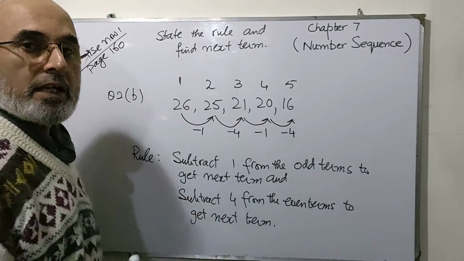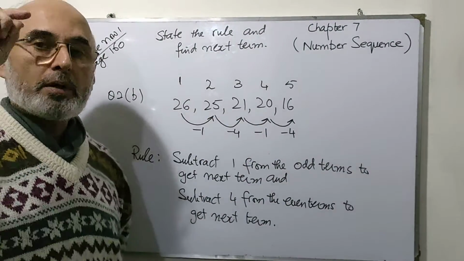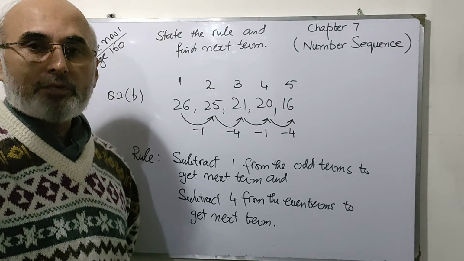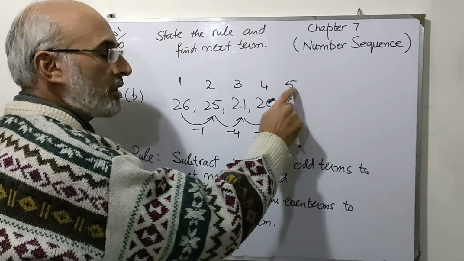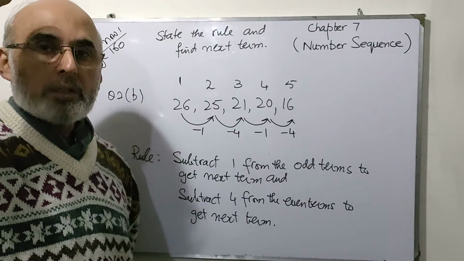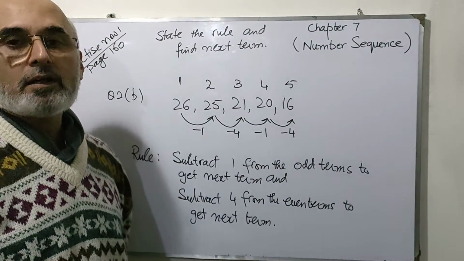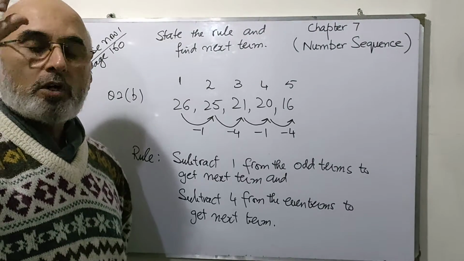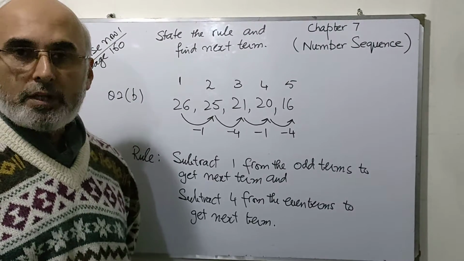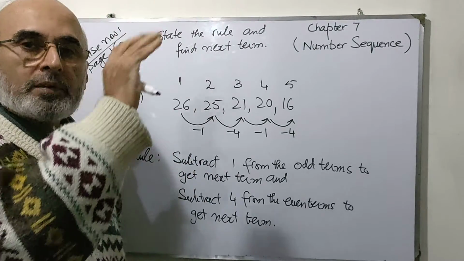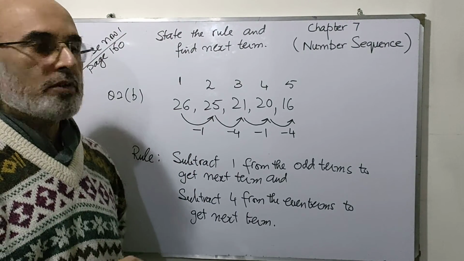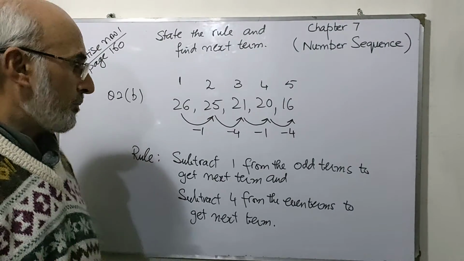We are not checking the actual numbers. I am talking about the serial number of the term. Term 1, term 2, term 3, term 4, term 5. If the order of the term is odd, we will subtract 1. If the order of the term is even, we will subtract 4.